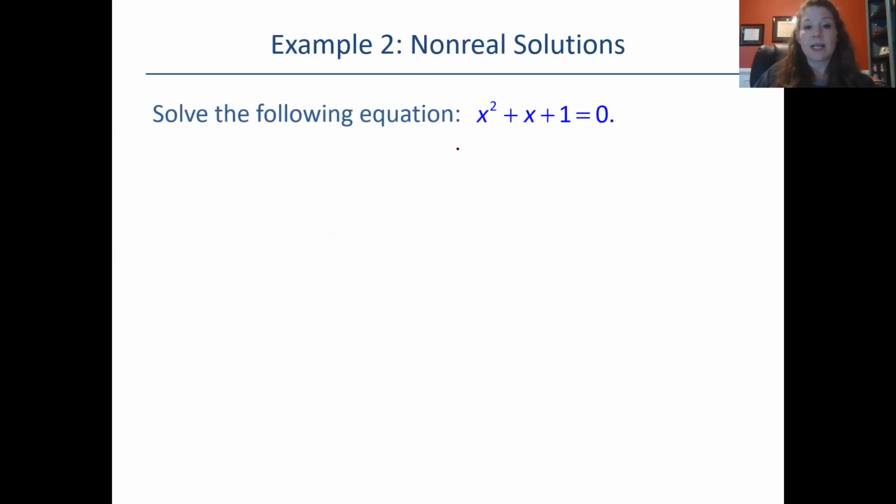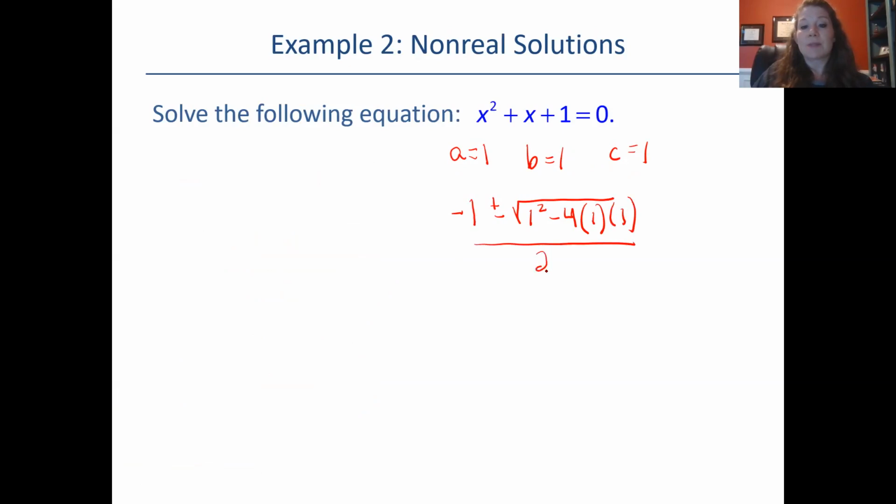All right, on this one, our A is 1, our B is 1, and our C is 1. So we're going to do the opposite of B, so negative 1 plus or minus B squared. So 1 squared minus 4 times A times C, all over 2 times 1.